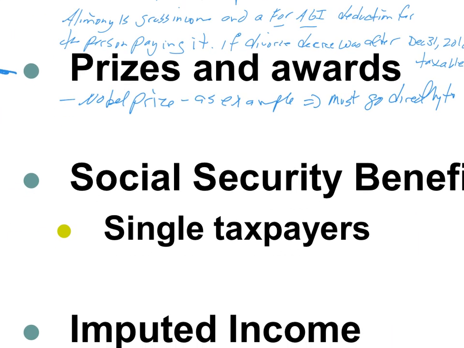All right, so that's one example. Another example is if you get an employee award for the length of service or for a safety achievement. Okay. And there is a $400 limit per employee.